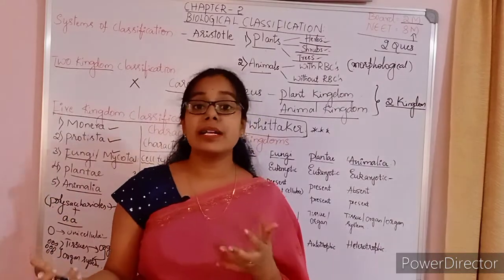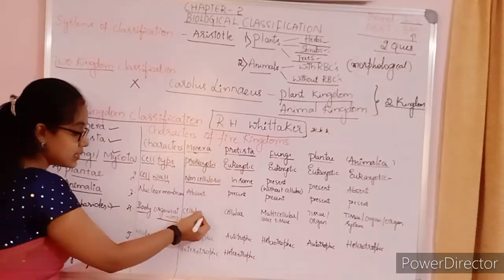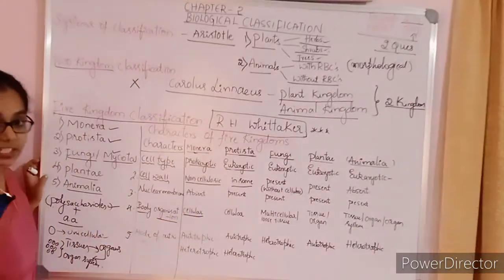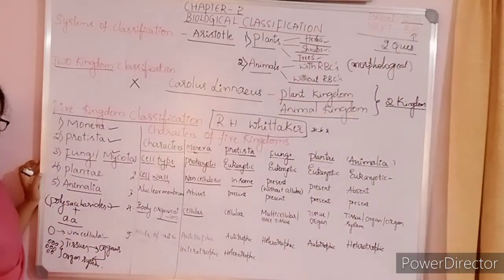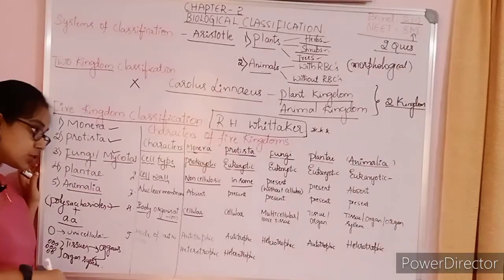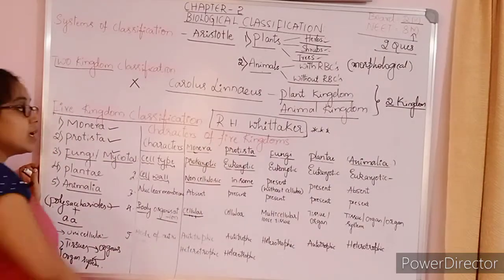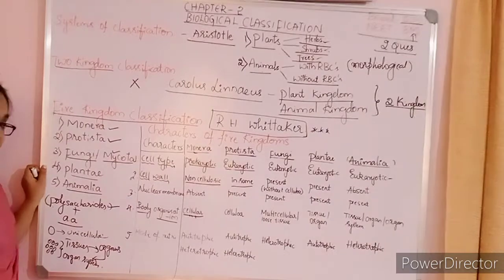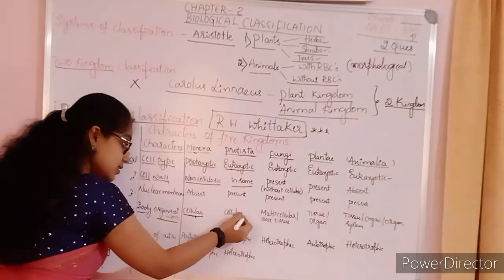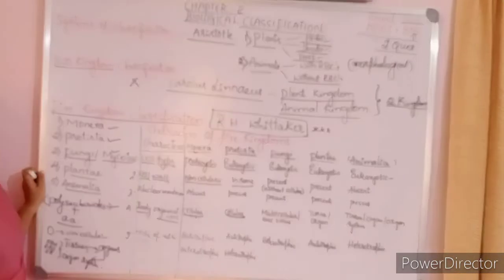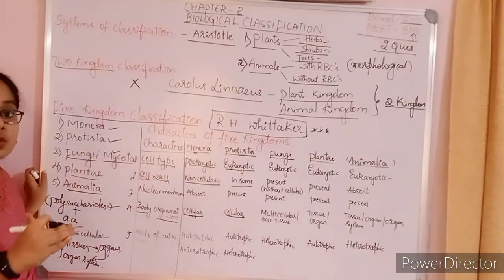Now we'll see which kingdoms are unicellular and which are multicellular. In body organization, Monera shows the cellular level of organization. Can you remember why? It is a prokaryotic cell, which is most primitive. Coming to Protista, it is a eukaryotic cell and still shows the cellular level of organization; the cells are not differentiated into tissues.